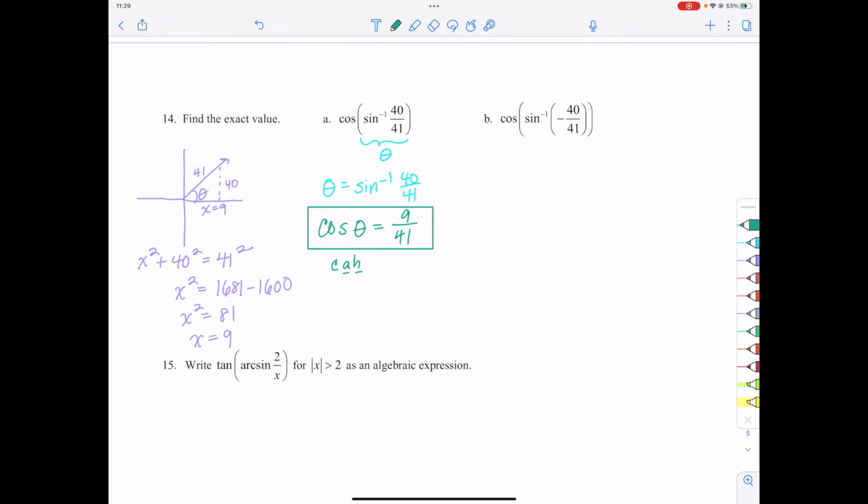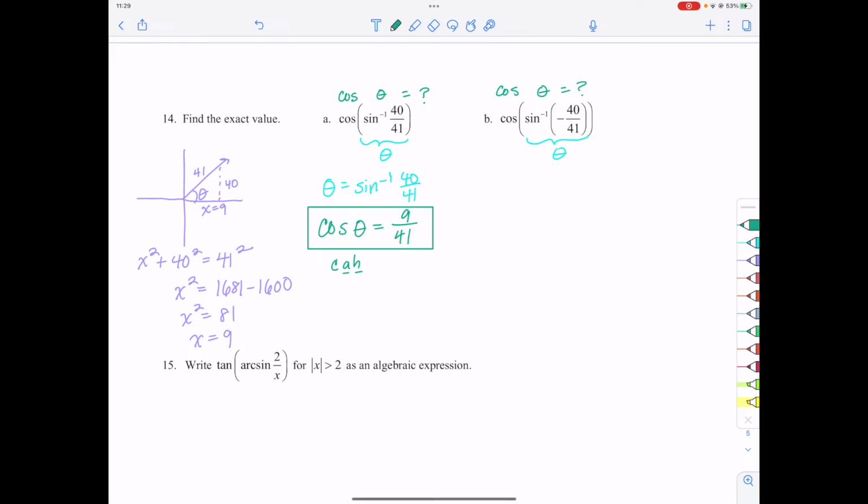Okay, looking at B, we have the cosine of the sine inverse of the opposite of 40 over 41. Let's go ahead and let this be theta. So what are we really trying to find? The cosine of theta. So that's really what I was doing here. And so that's what we're going to be doing here.